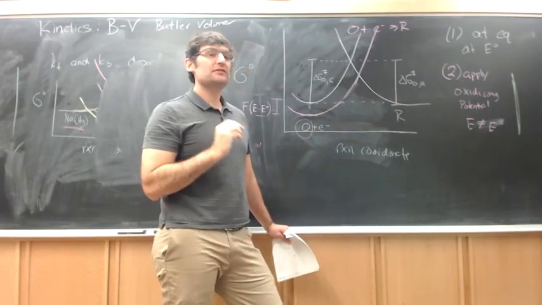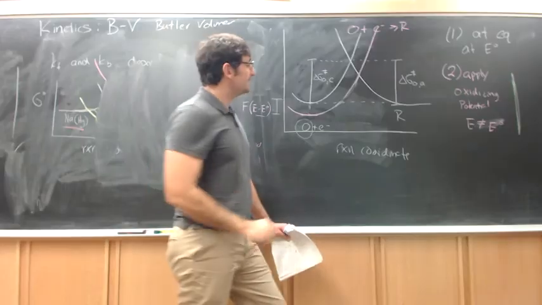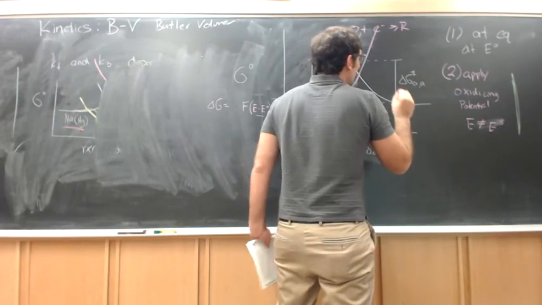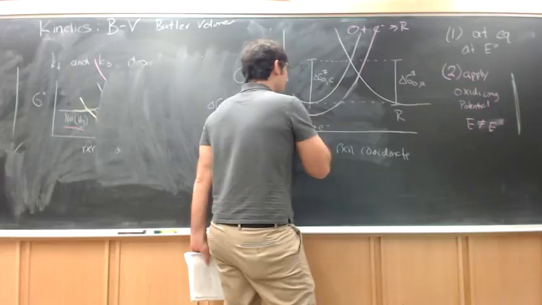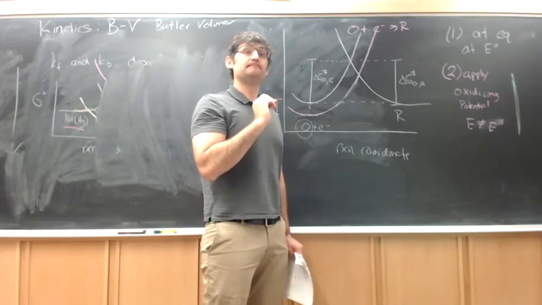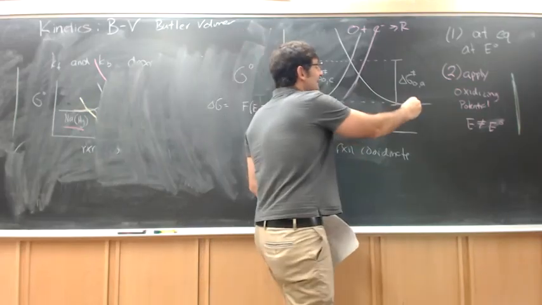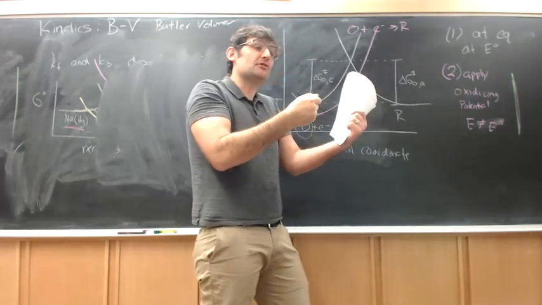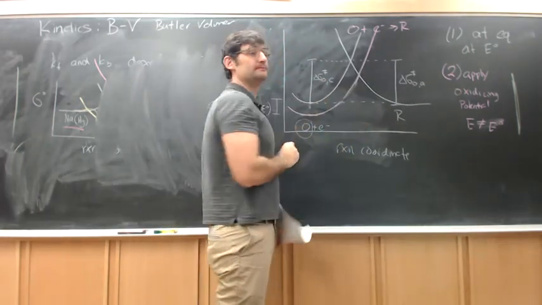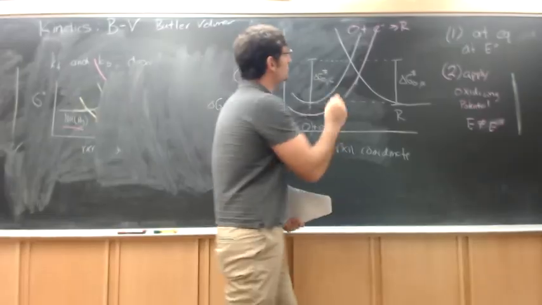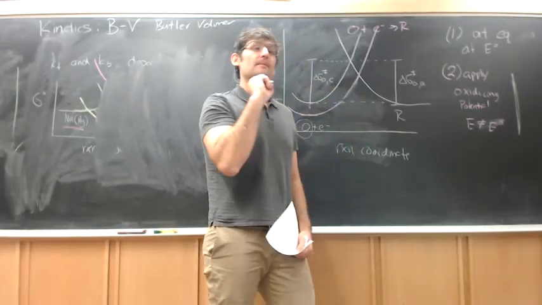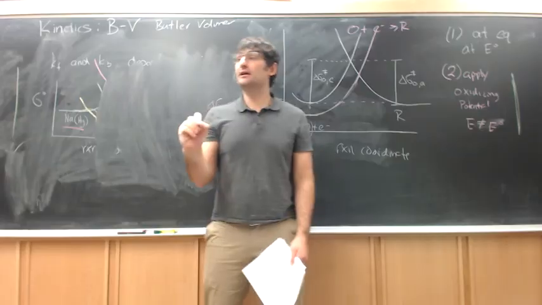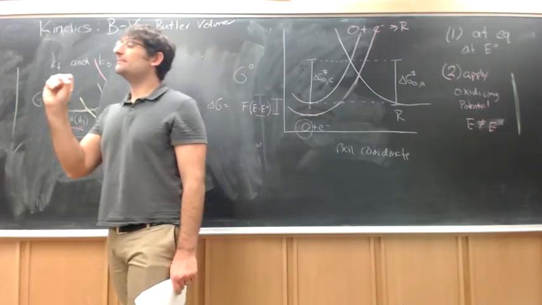The way to think about this conceptually is you have R, and in order for R to give its electron to the electrode, R needs to have the geometry of O. Because when you transfer an electron, it's via quantum mechanical tunneling, and quantum mechanical tunneling happens at the same energy.